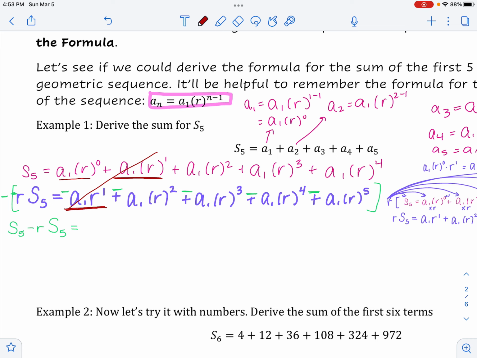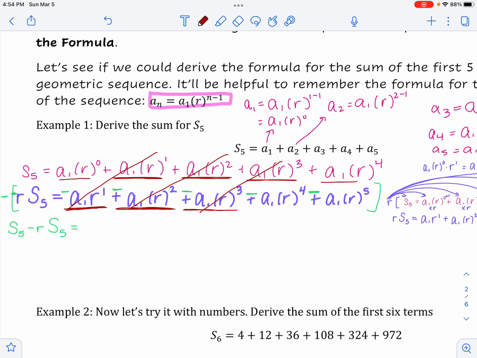The next term is a1r squared. Well, I also have a negative a1r squared. Same term, one positive, one negative, those two will cancel out. I have a1r cubed, and I see a negative a1r cubed. Those two will cancel out.